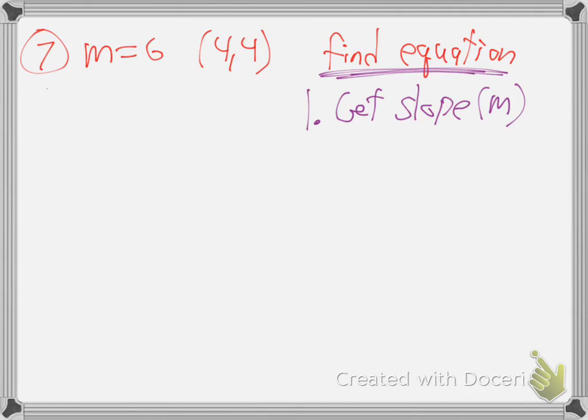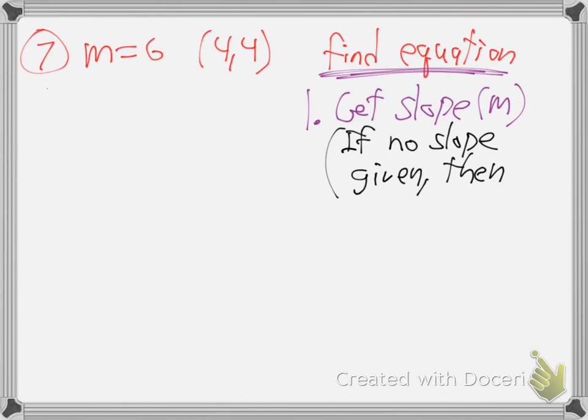So step 1 is to get a slope, and I'm going to put in parentheses, if no slope is given, then slope equals y2 minus y1 over x2 minus x1.